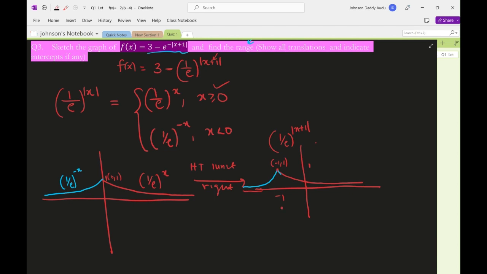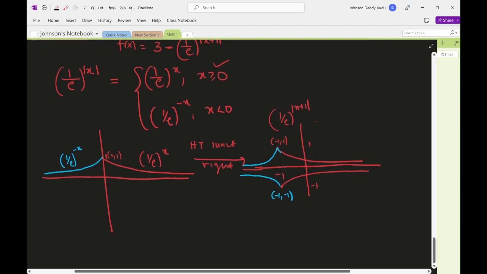The point will just become minus 1, minus 1. So this side will go something like this. And the negative part of x will just go something like this. So this is minus 1 and minus 1.